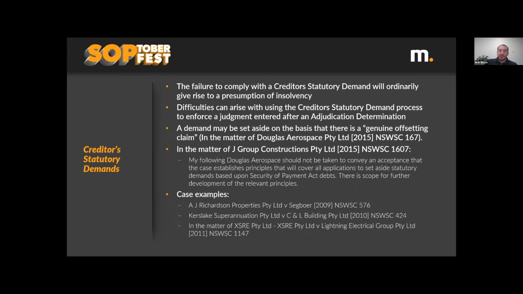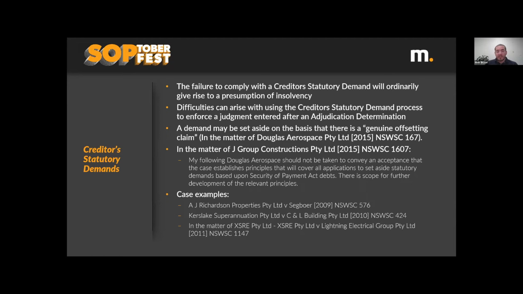So essentially, it subtracted the $245,000 that Kershaw was saying was the cost of fixing up the defective works from the judgment of $254,000, and C&L was ultimately entitled to the difference, about $8,000 or $9,000. So again, even though you might have a judgment based on your adjudication determination, you can't necessarily go forward under the statutory demand process if there is some genuine offsetting claim.